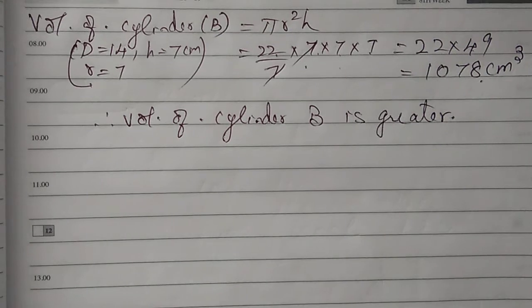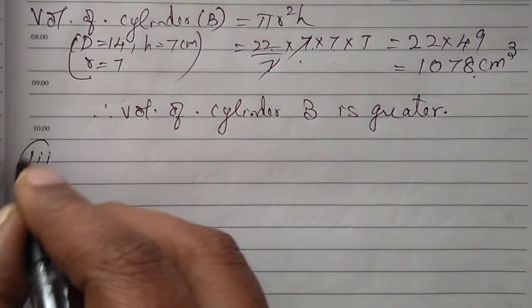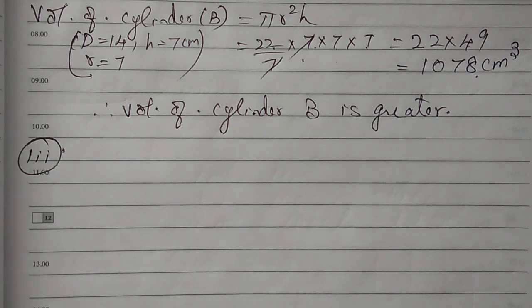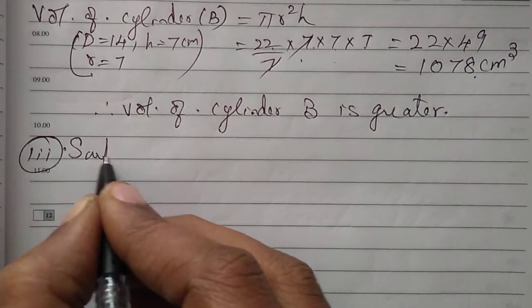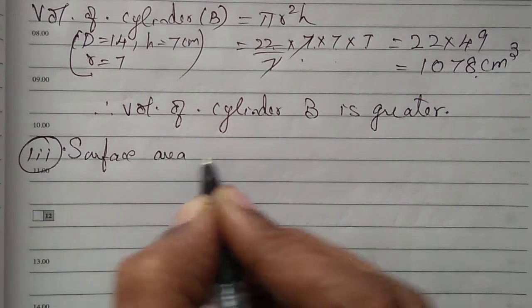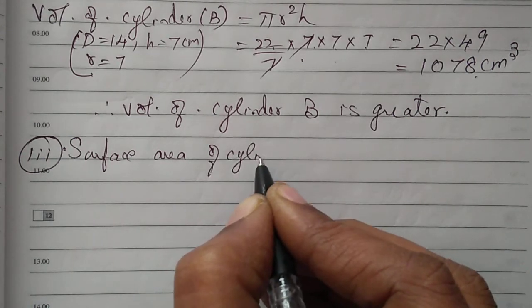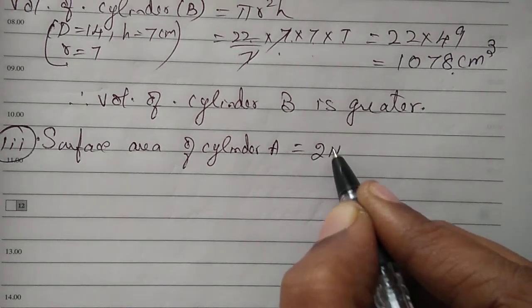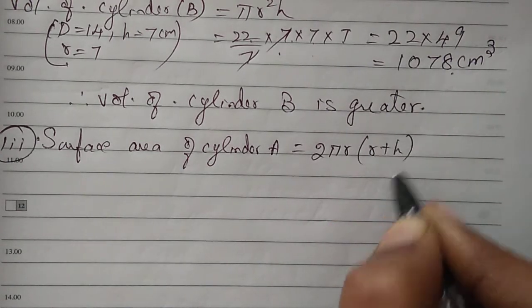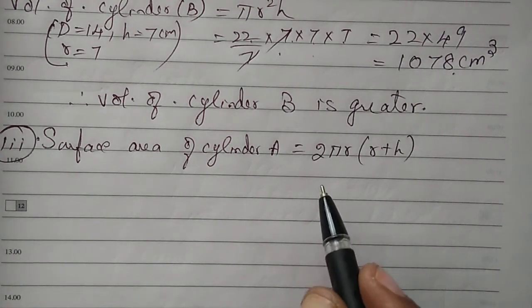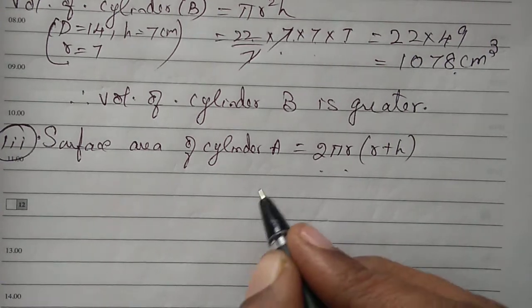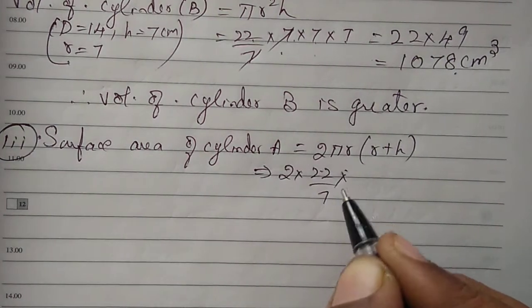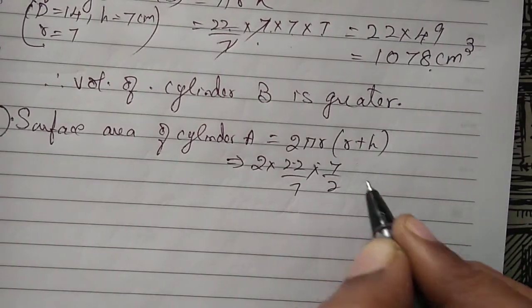Now, next what we should find is surface area, the third subdivision. Now we find the surface area of cylinder A. What is the surface area formula? 2 pi r into r plus h. So, let us substitute the values. 2 into 22 by 7 into radius 7 by 2.